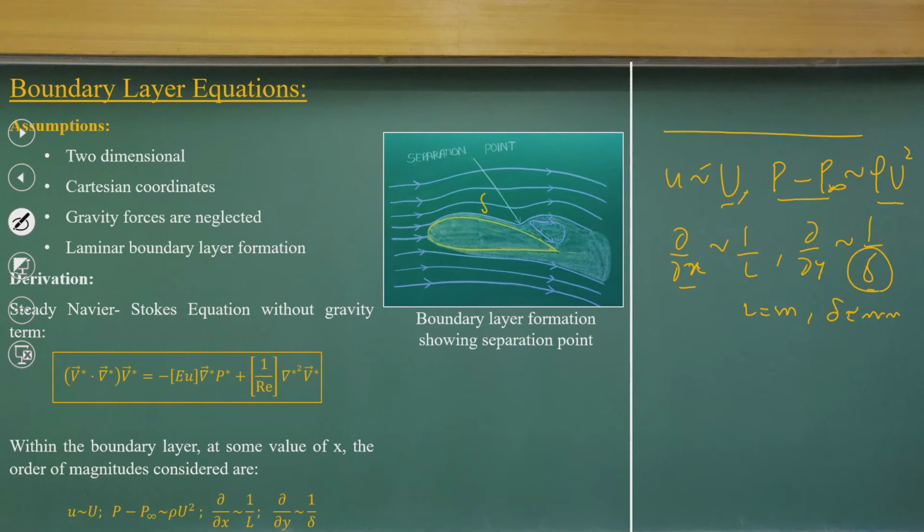Similarly, the boundary layer thickness will be in terms of millimeters, 5 mm, 6 mm, 10 mm. So y will have the thickness of only this boundary layer thickness.